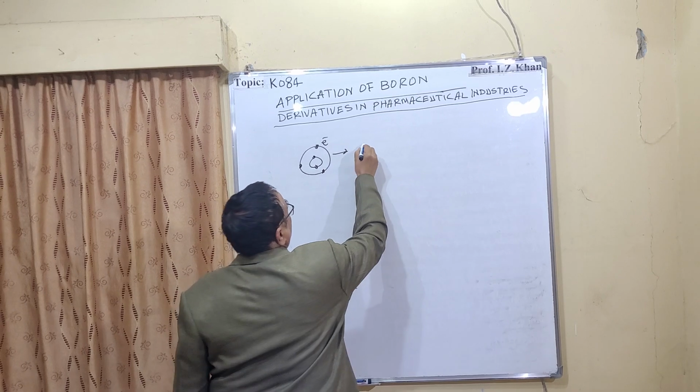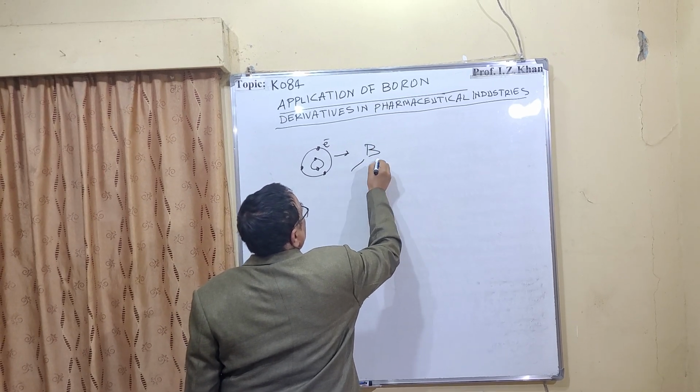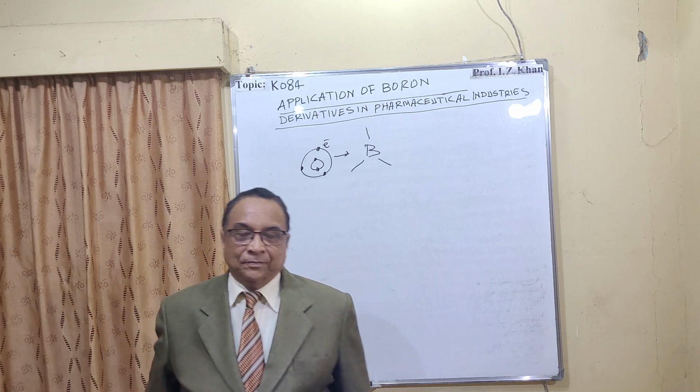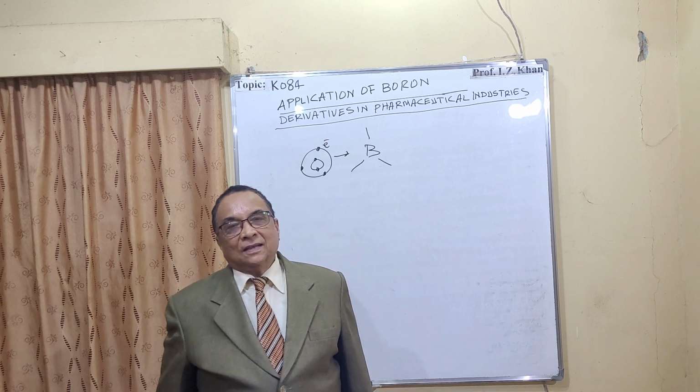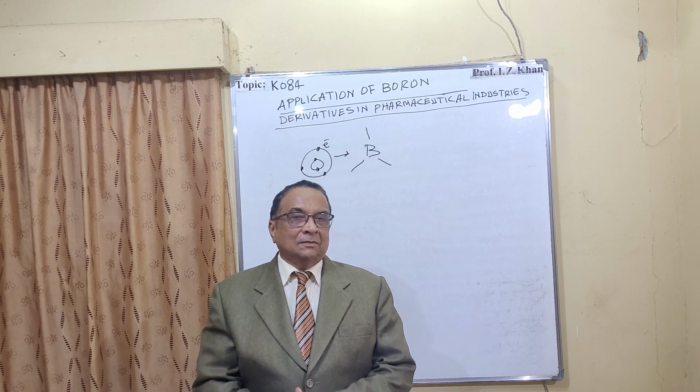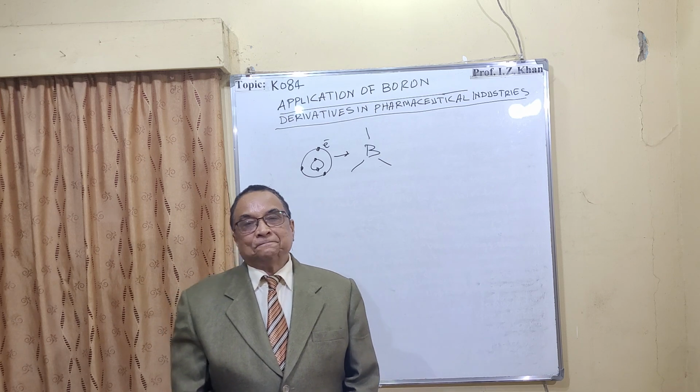So boron has 3 valency, which means it can accommodate 3 different atoms to form derivatives.